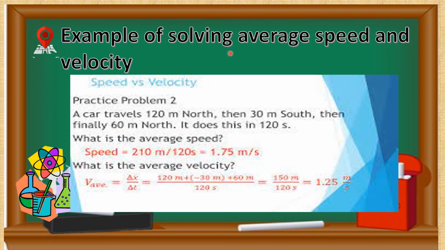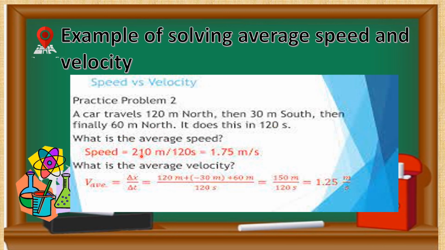So we have here an example of solving for average speed and velocity. Practice problem 2. A car travels 120 meters north, then 30 meters south, then finally 60 meters north. It does this in 120 seconds. What is the average speed and what is the average velocity? When you say speed, it is the total distance that an object travels. So for speed, you have to add 120 meters plus 30 meters plus 60 meters.